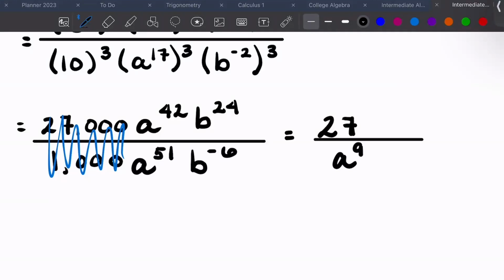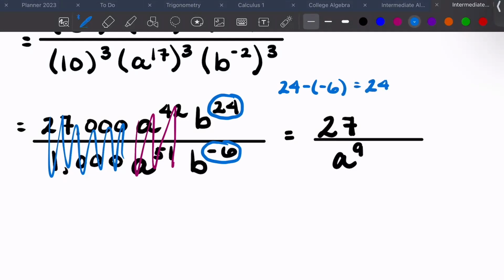Okay, now watch what we have to do with your b's. 24 minus -6, which means we're doing 24 plus 6, right? Which is 30. So we have b to the 30th power.